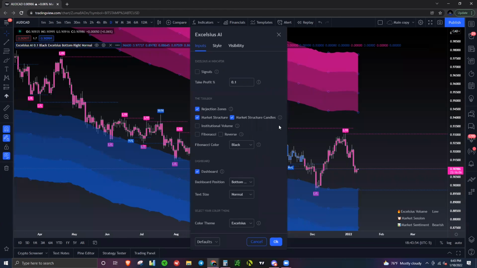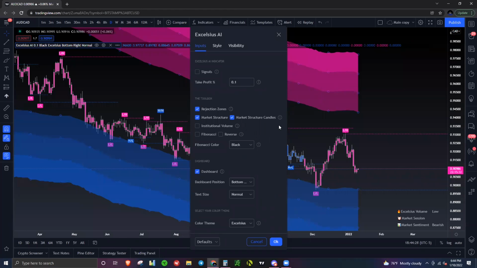The rejection zones and the market structure settings have numerous applications aside from just assessing direction in the short and long term. And that is the incredible aspect of Excelsius. Excelsius is not only ever growing, but the tools already in place have an immense amount of utility and application.